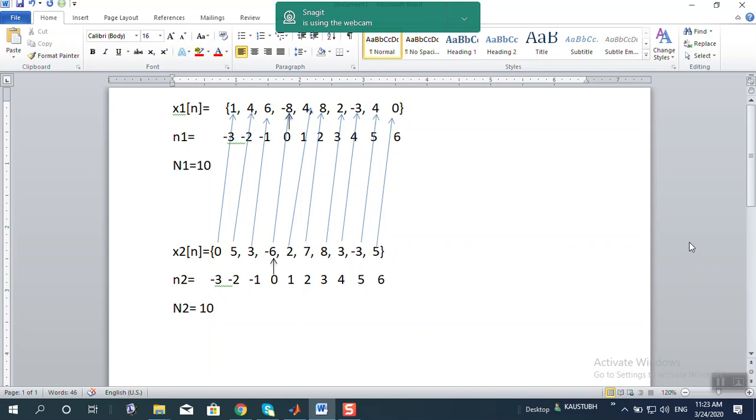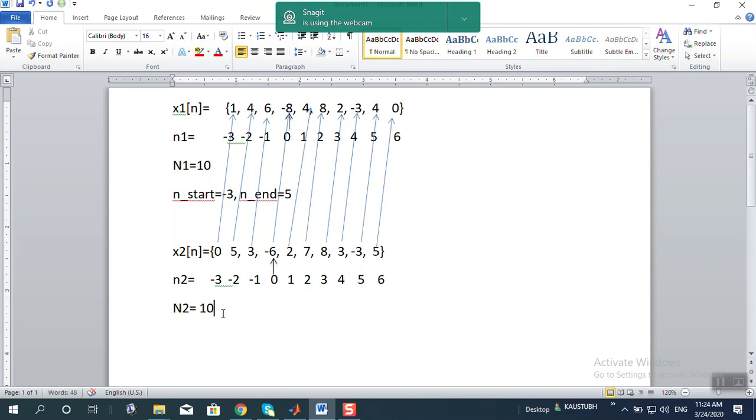So what we do is, originally in the first case, the n start, small n start, was -3, and small n stop or end was 5.